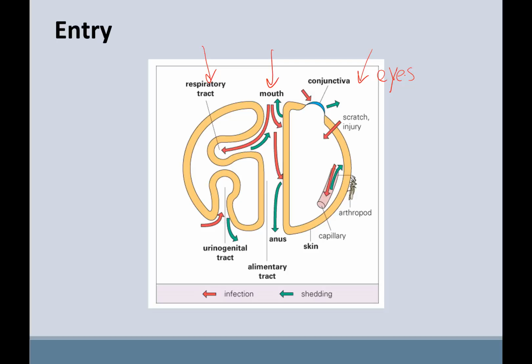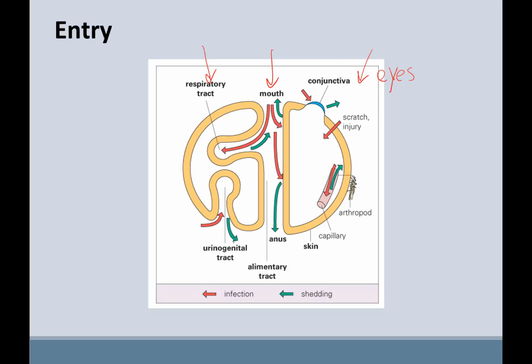And that's where we get a lot of our colds from, is rubbing our eyes. Along with mouth, respiratory tract, if you breathe in, you might breathe in through your nose. You probably know that when you're sick, your nose and your ears and your throat, it's all connected. That's where you get all clogged up.